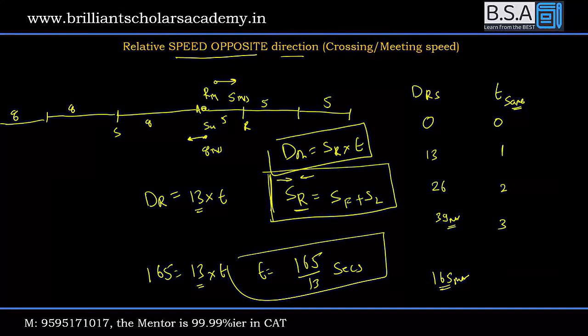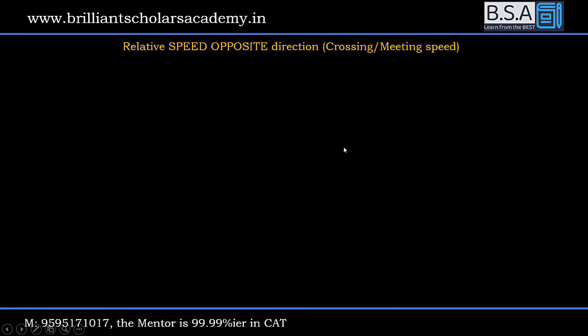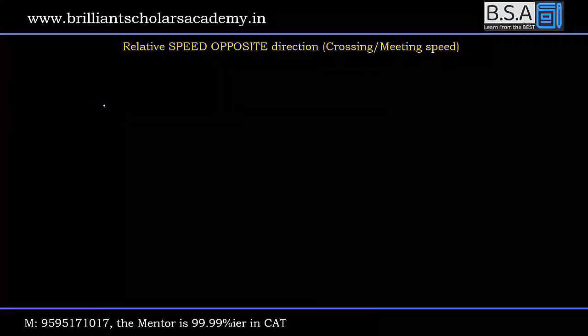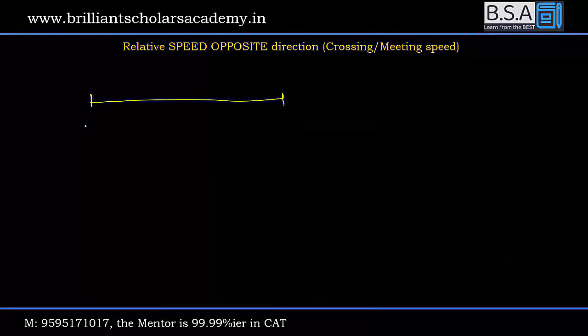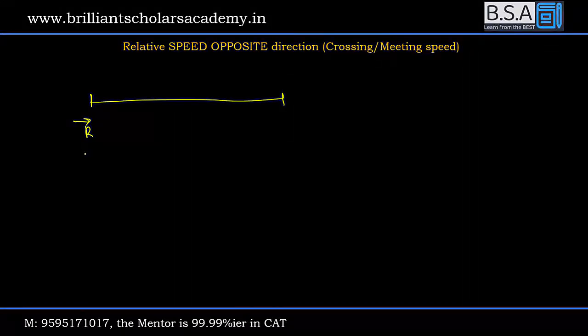As a concept, these are very simple concepts, nothing heavy, nothing fancy. In this case, they are moving apart with the speed of 13. If I was to imagine they are at the opposite ends of a racetrack, Ramesh is moving right side with the speed of 5 meters per second.